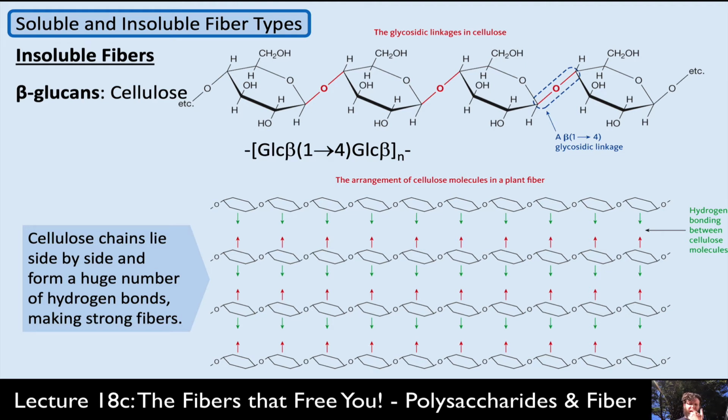That insoluble fiber is really what enables the muscles in the wall of the digestive tract, the muscularis mucosa and the underlying muscle layers of the GI tract, to exercise, so to speak, by working against the insoluble fibers that are in the foods we eat.